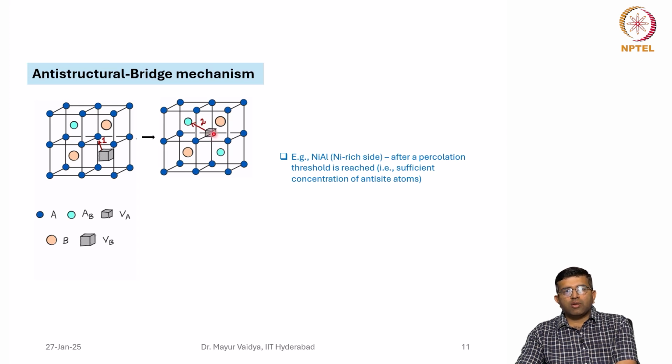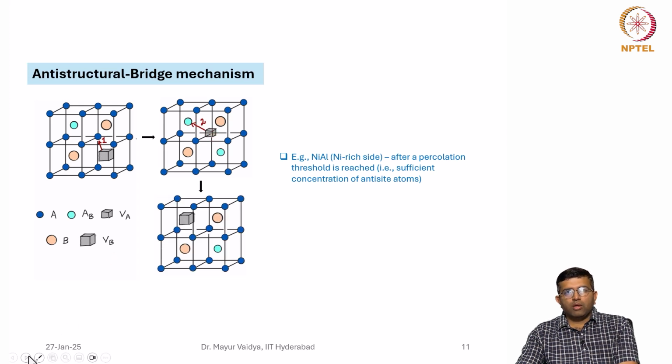So, this atom now comes here, and the result of this is that the vacancy moves to the B sublattice here, and this atom returns to this site. So, you can see here this is again in the blue color.